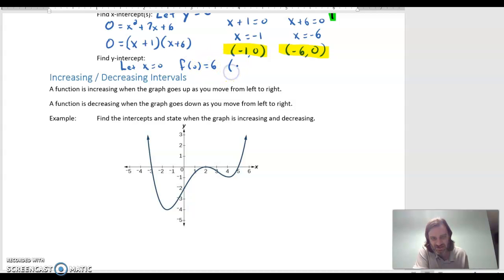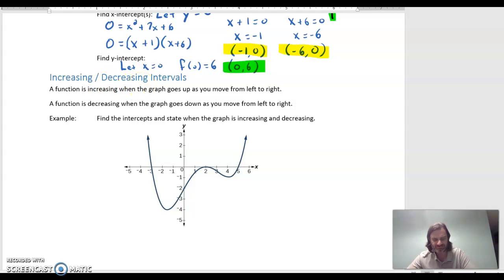So that y-intercept would be 0, 6, and that would be on the y-axis. Okay. So to find the x-intercepts, let y be 0. To find the y-intercepts, let x be 0. Evaluate or solve.